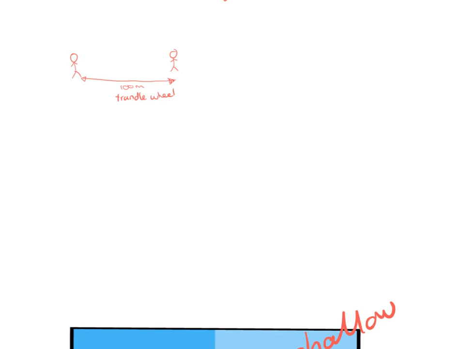Then when you do measure it using the trundle wheel, one of the two people will have, for example, 2 wooden blocks or cymbals, those loud metallic instruments that you can knock together. The one person holds the wooden blocks or cymbals above their head.